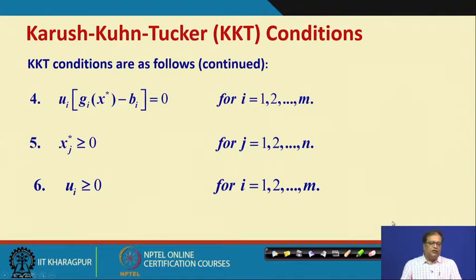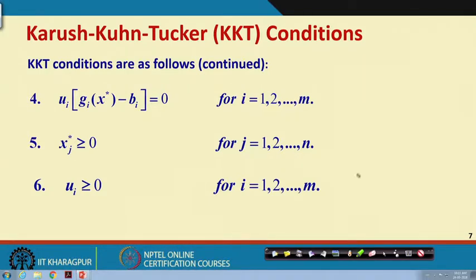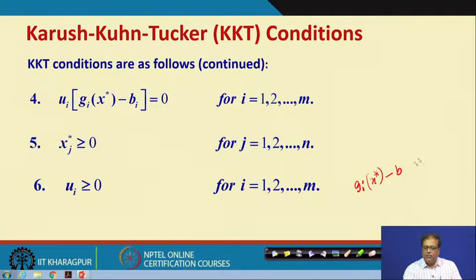Let us see the last few conditions. Our original constraint has been rewritten as g i x star minus b i less than or equal to 0.